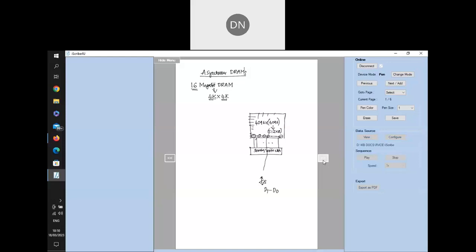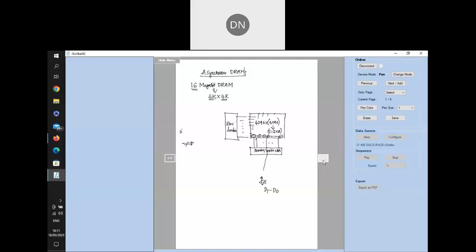Now we will see what other logic is required. To select one among the 4096 rows, I require a circuit which we already learned in SRAM. It's called a decoder. I call it a row decoder because it is used to select one particular row. There are 4096 rows, which requires how many address lines?